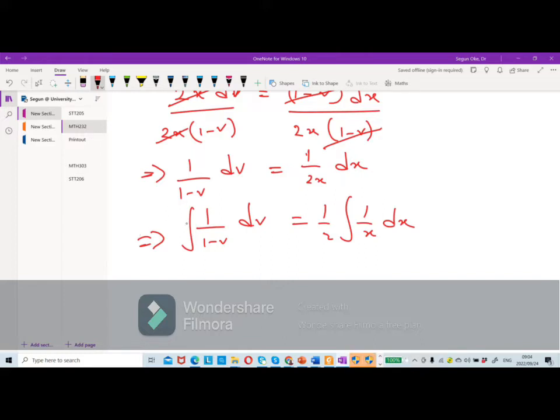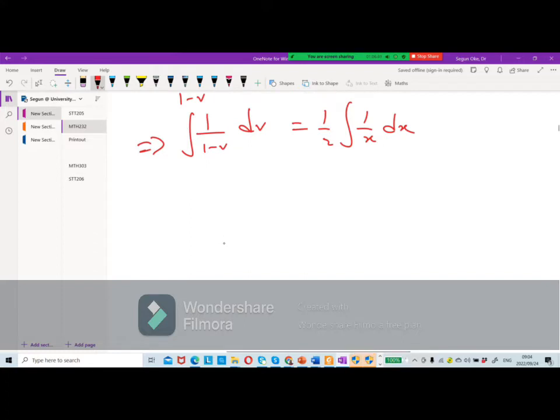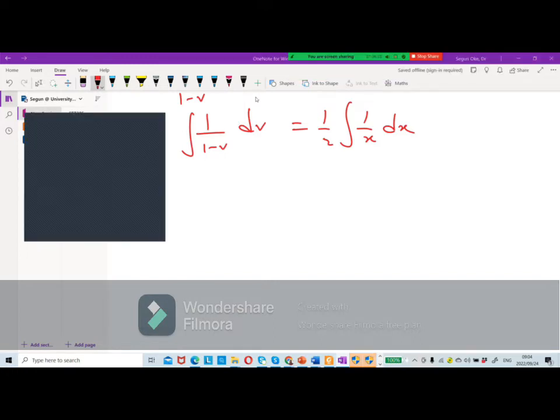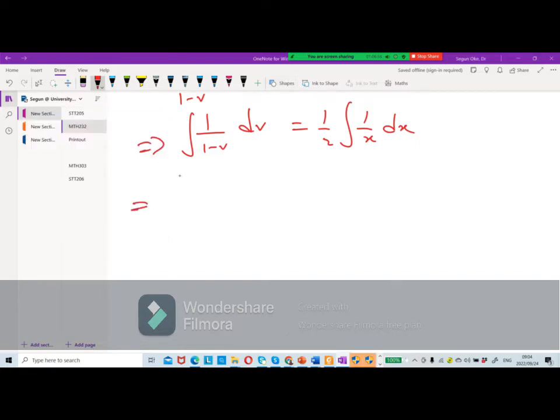If you use the same method that I did the other time, let 1 minus v equal u. When you differentiate it, substitute it and integrate, you're going to have negative ln of 1 minus v, which equals 1 all over 2 ln x plus c. Any question?